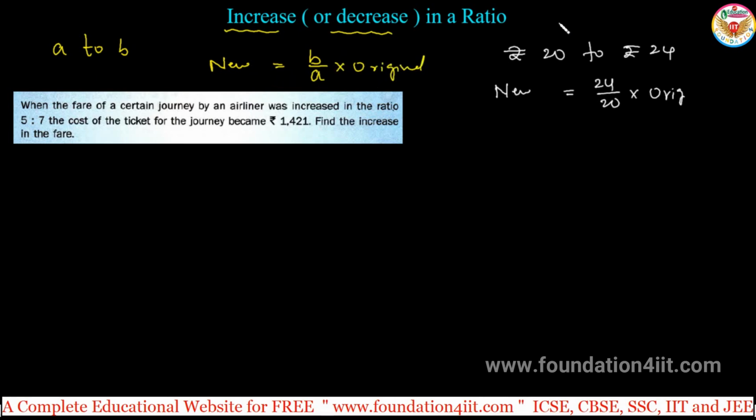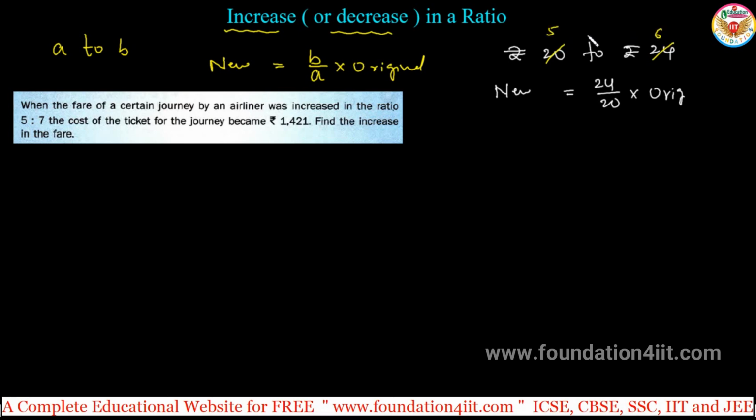Now for example, this is a ratio 20 to 24 rupees. If you simplify, you can cancel by the 4 table, 5 and 6. So any quantity is increased in the ratio 5 is to 6.